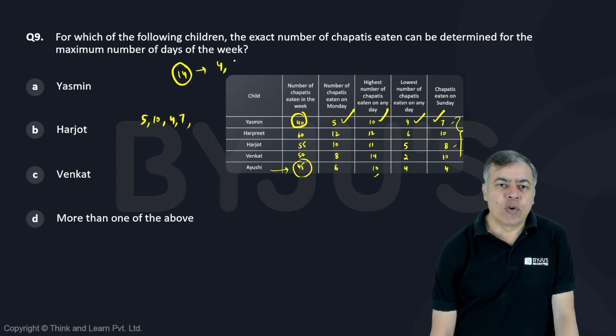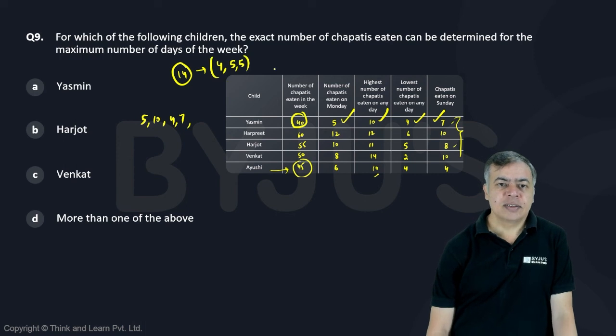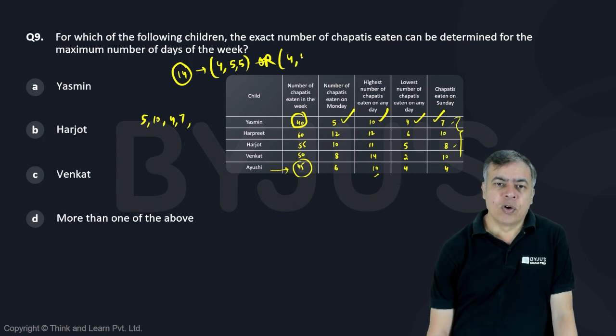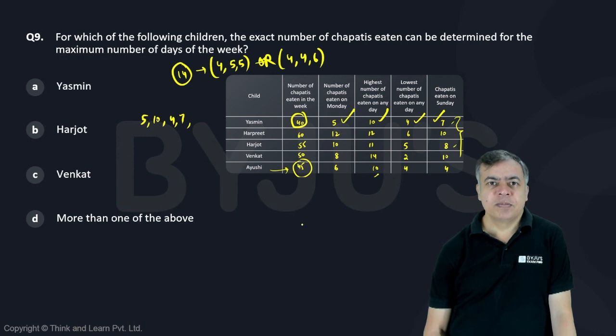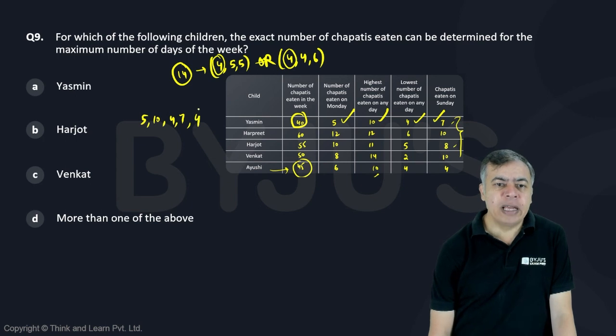It may be 4, 5 and 5 for the 3 days, or it may be 4, 4 and 6. There is no other option. But in any case, in both the options, there will definitely be one day with 4. So one more 4 will definitely be there.